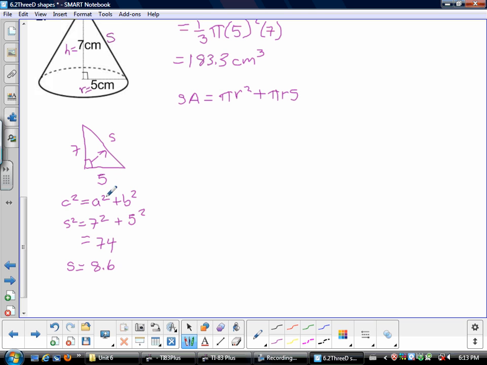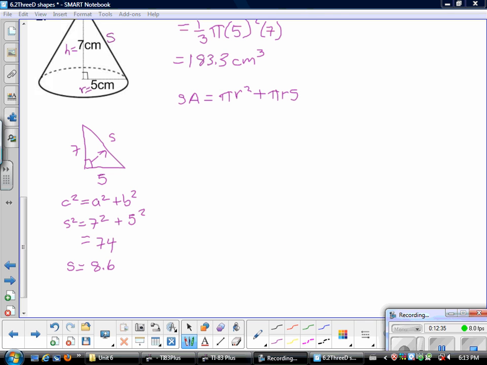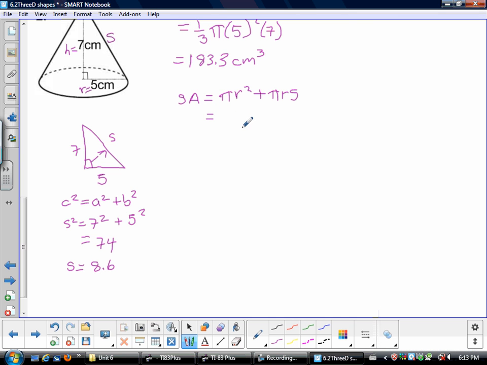So now that we have that calculation, we can actually find the surface area. So let's see if we can get that done before we pause the video for the next part. So it's going to be pi, our radius is 5, again pi, 5, and our slant height we calculated as 8.6. Again, after you do that, it's a matter of calculator job.